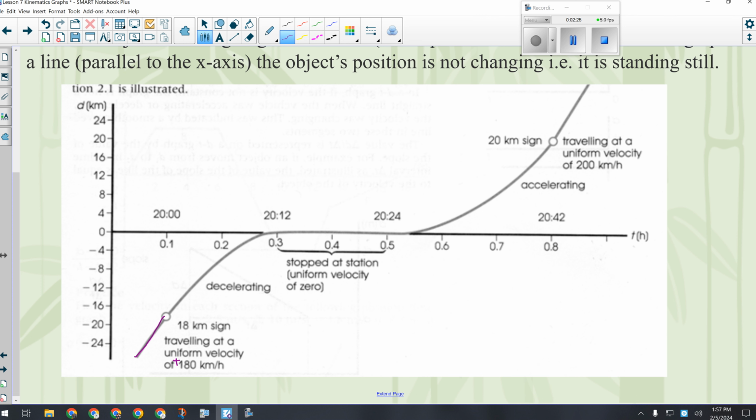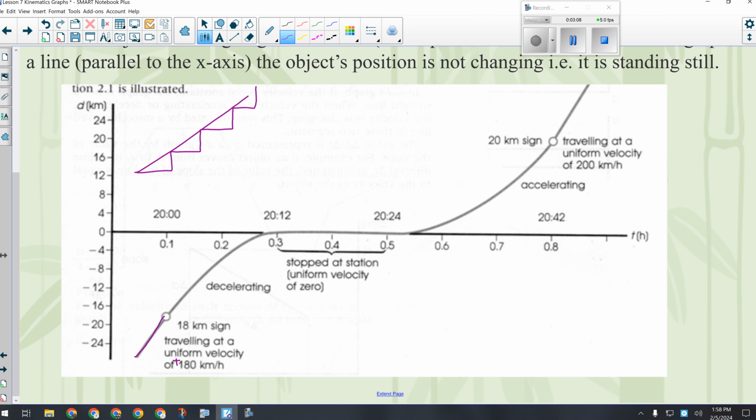Now, since the graph is a straight line, how do I know that means the object is traveling at a constant velocity? Why does a diagonal line tell me that? If a line is diagonal, like this, does it go up the same amount it goes over every single time? Does that mean that on this graph, it changes its position, the vertical part, by the same amount for every unit of horizontal movement?